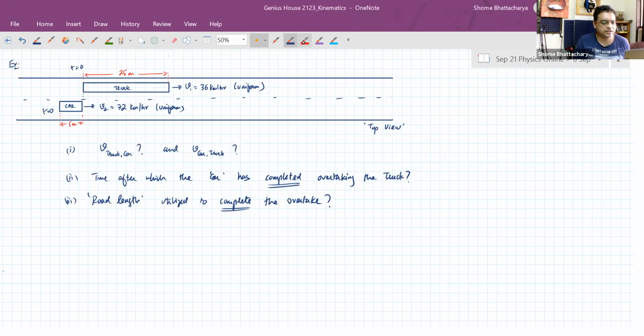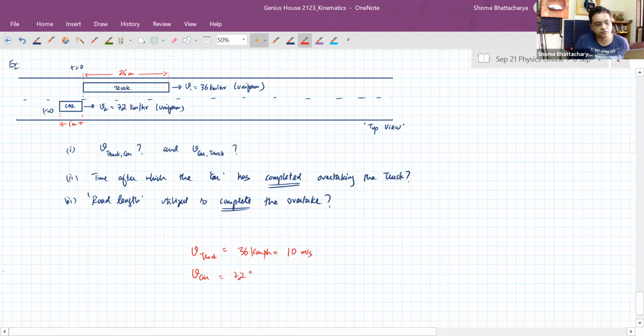So basically, you can see that with respect to ground, the velocity of the truck, when you convert that to meters per second, is 10 meters per second, and the velocity of the car is 20 meters per second.